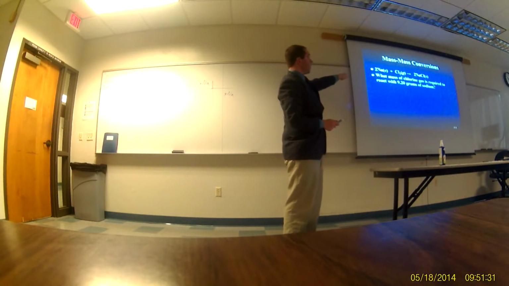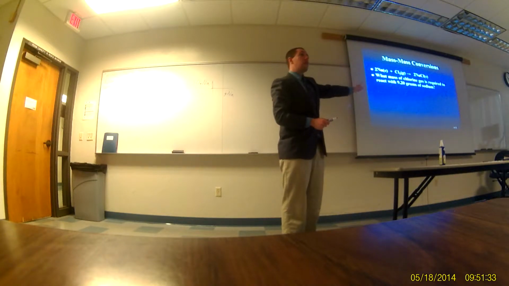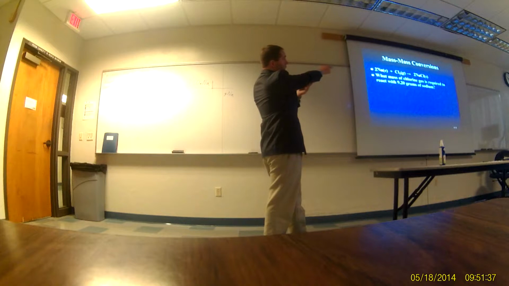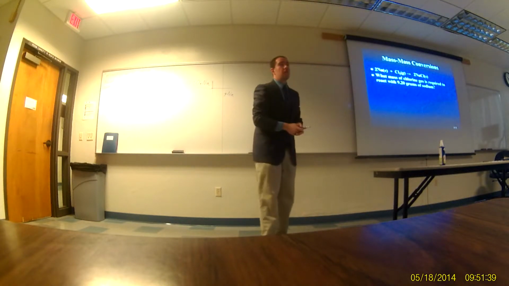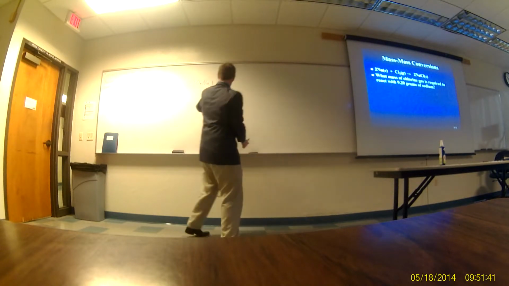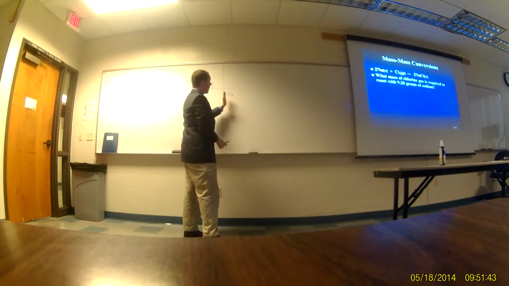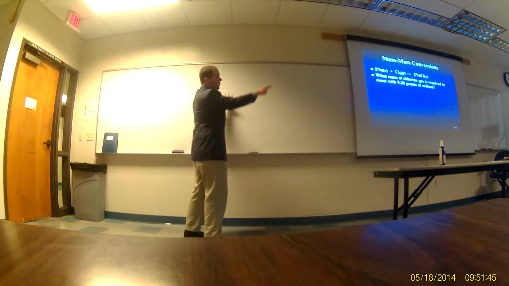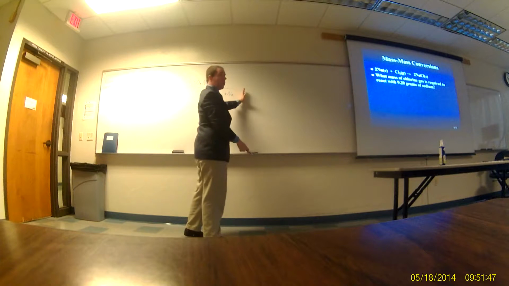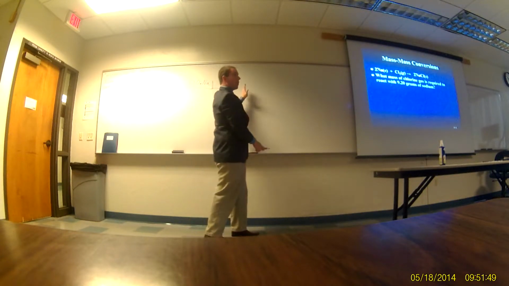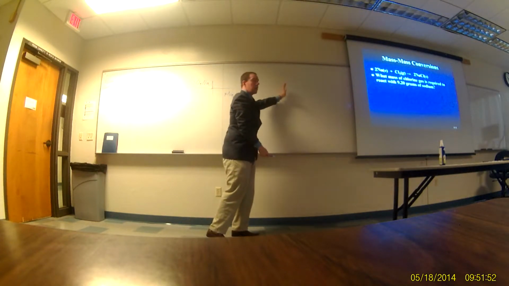But the coefficients are moles, not grams. And so in order to use the conversion factor given to us by the coefficients, we have to convert the grams that were given into moles. Then we can use the coefficient to go from moles to moles. And then we have to take the moles that we calculated to calculate the grams that we actually wanted in the end.